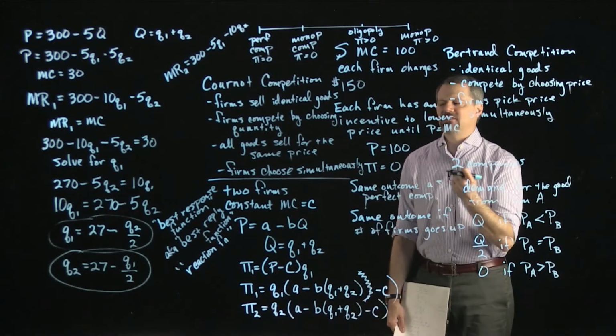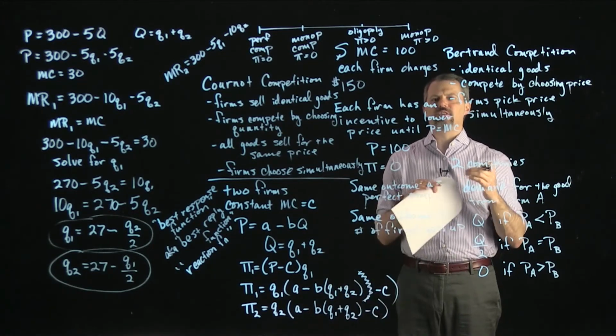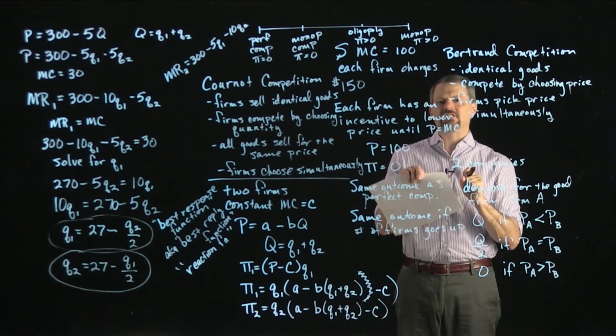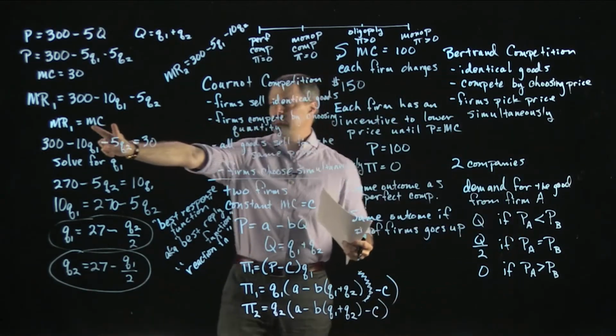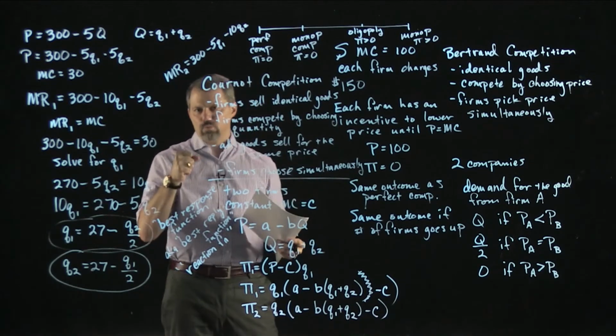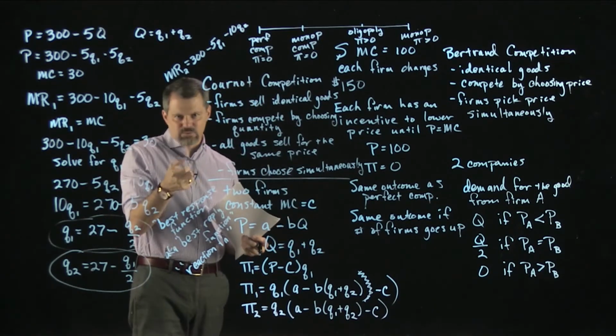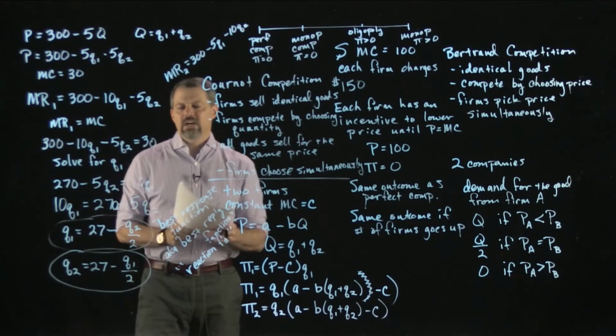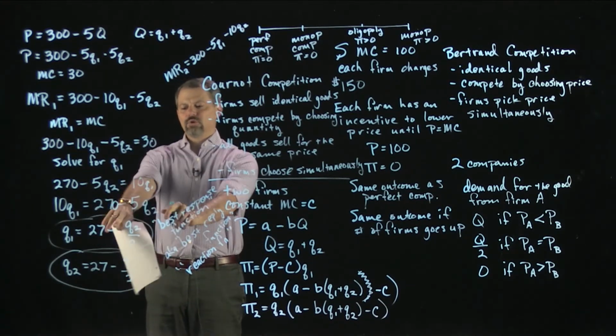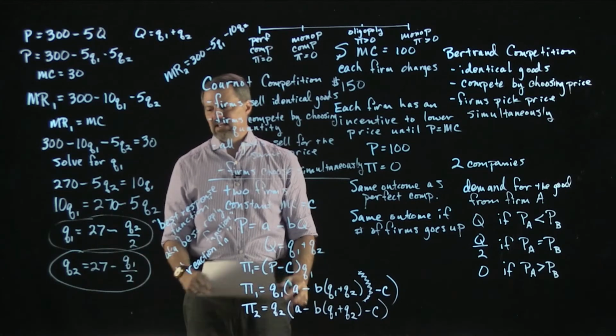So now we have a function that describes how each firm should optimally react to the other firm in order to maximize its profit. By setting marginal revenue equal to marginal cost, we are assuming that they're maximizing their profit. So what we've got here is two equations and two unknowns.